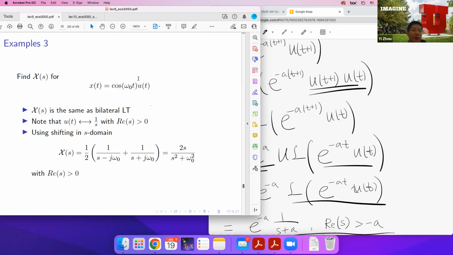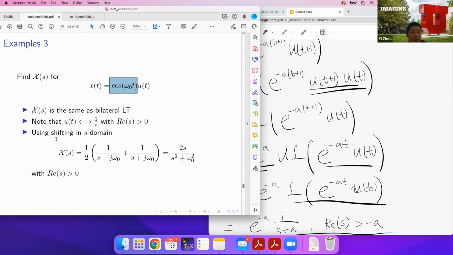So the idea is that, first of all, for u(t), we know that the Laplace transform is given by 1 over s with the ROC to the right of 0. We have discussed this example in the previous slides. So starting from there, we apply the frequency shifting property to address the cosine. It's standard. You decompose it using Euler's formula and then apply the frequency shifting property.